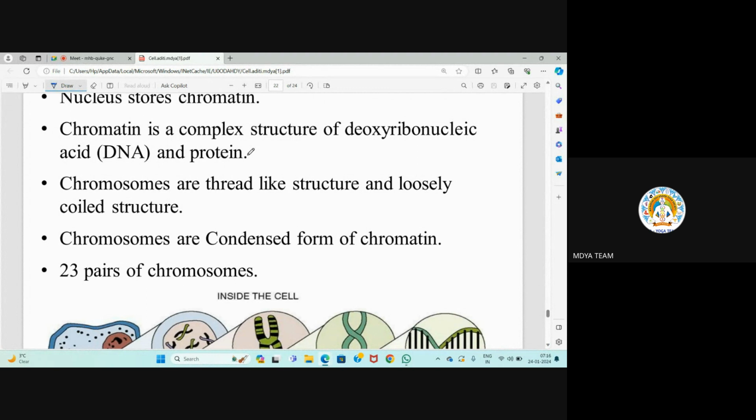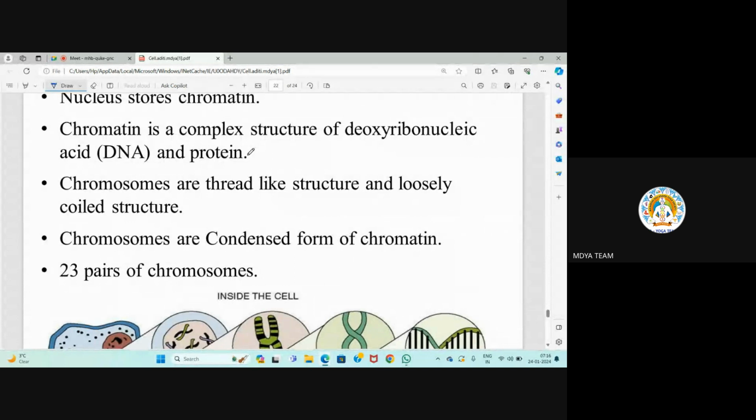Chromosomes are thread-like and loosely coiled structures. Chromosomes are condensed from chromatin. 23 pairs of chromosomes are present inside the nucleus.